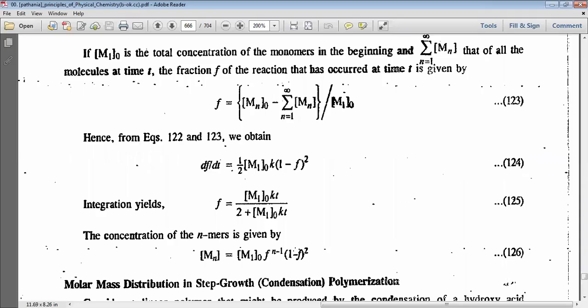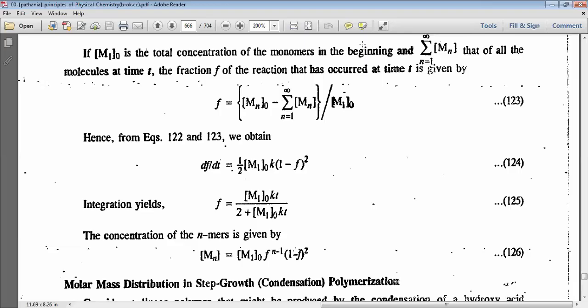Here the concentration of the n-mer is given by the relation Mn equal to M10 F to the power n minus 1 into (1 minus F) square. This is the final concentration of the n-mer of the polymers by the addition polymerization process.